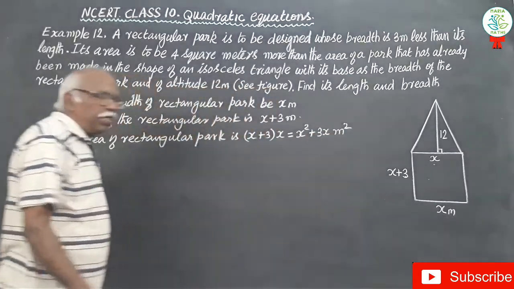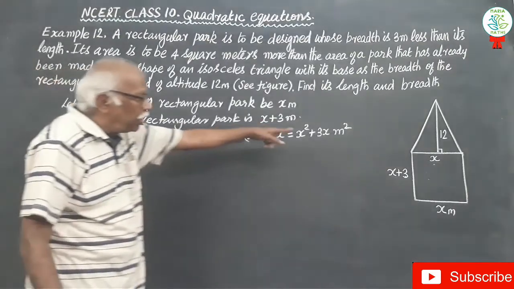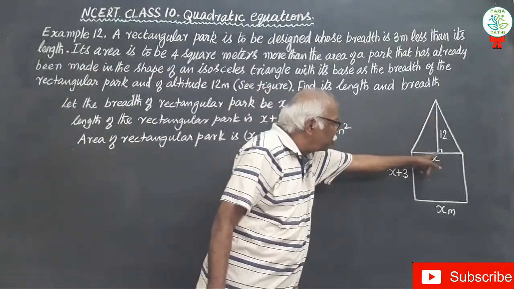Then the base of the isosceles triangle is x and the altitude is 12.